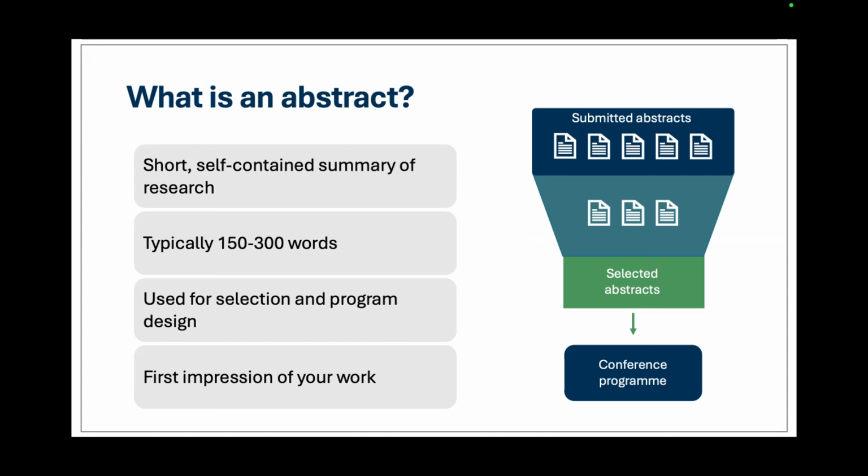It's also used by conference organizers to select which talks are going to be included in the conference, to help organize sessions, and sometimes to determine whether you'll get an oral presentation, a lightning presentation, or a poster. So, even though it's a short summary of your work, it matters quite a lot.